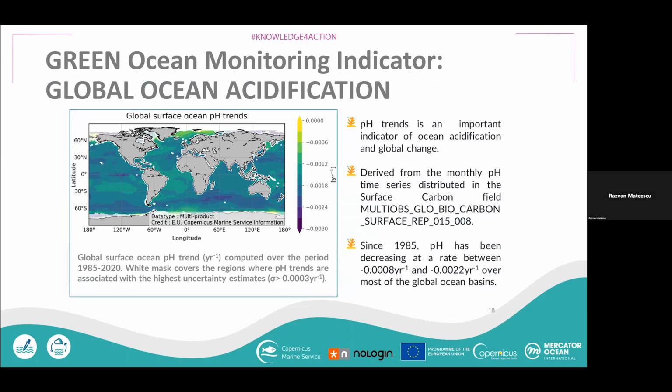About green ocean monitoring indicators, we have first of all ocean acidification in relation with pH trends, and also specific data as a time series provided by observation, but also by model data.